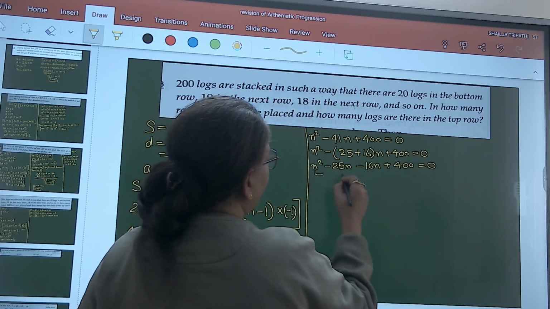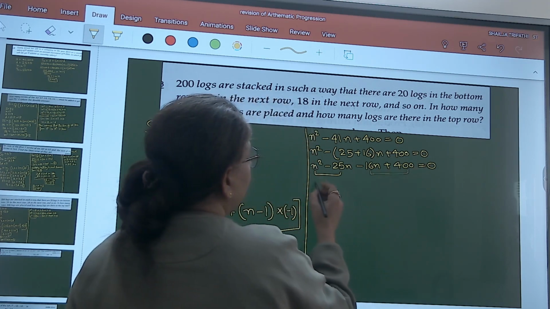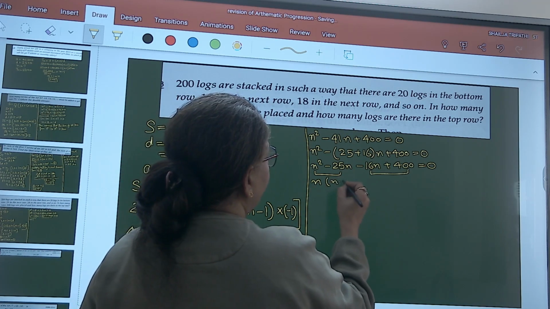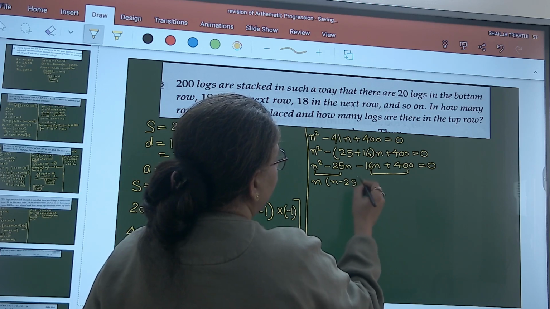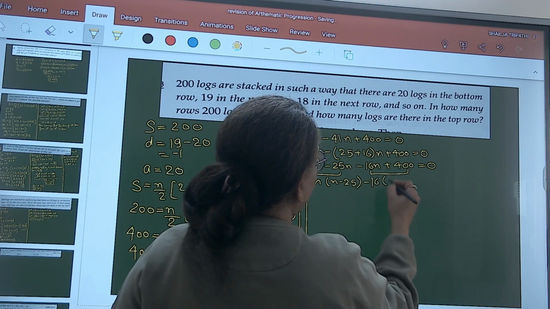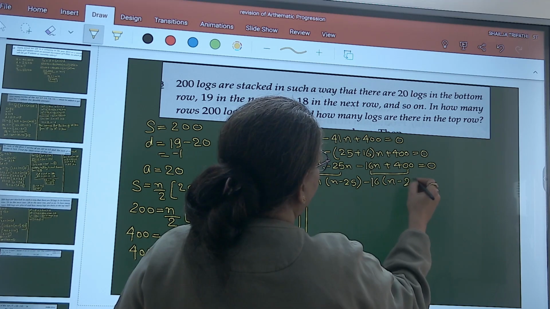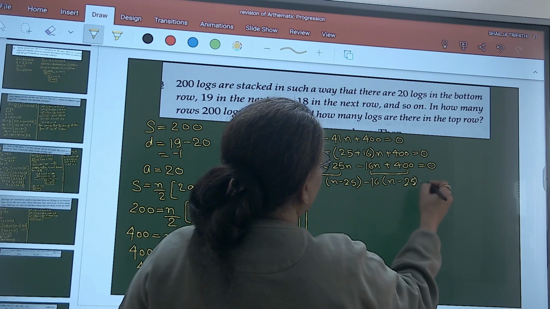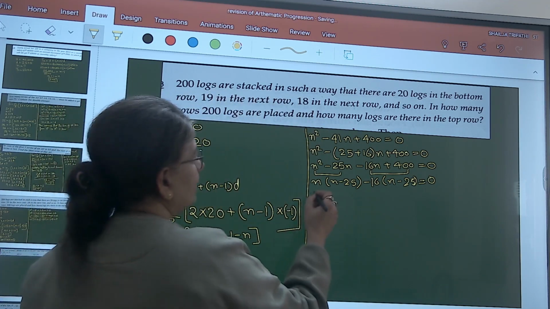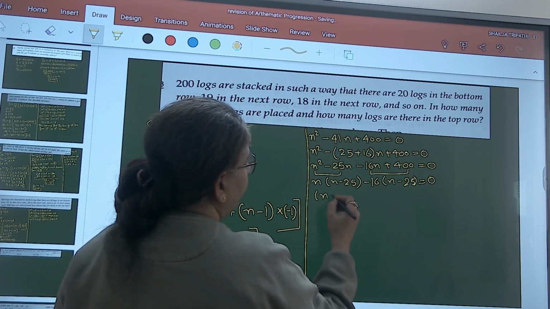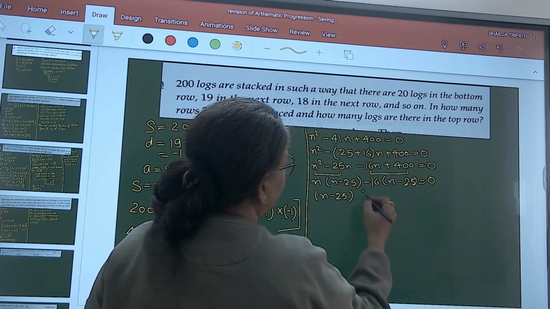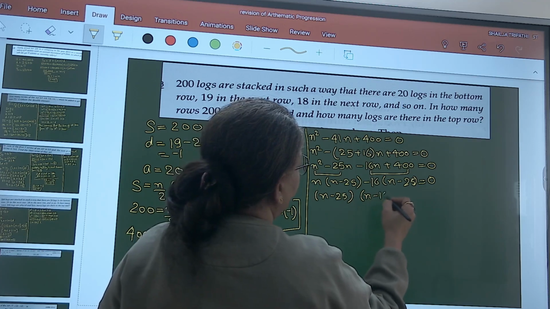Now regrouping, do the regrouping part. Take out the common n and we get n minus 25, and here we get 16 times n minus 25. So we get (n minus 25) and (n minus 16).